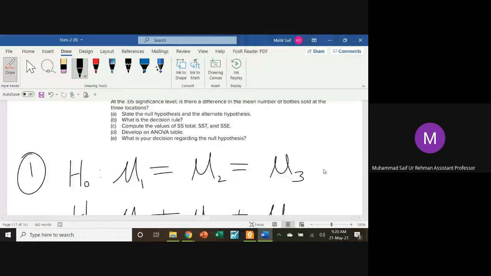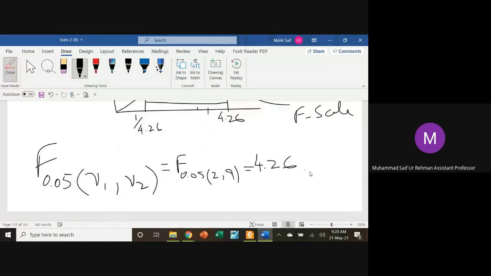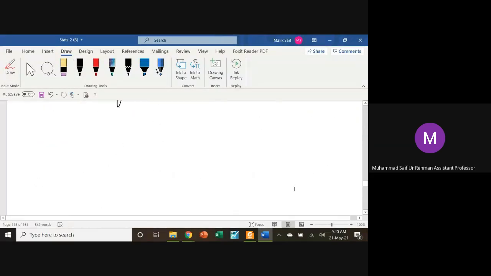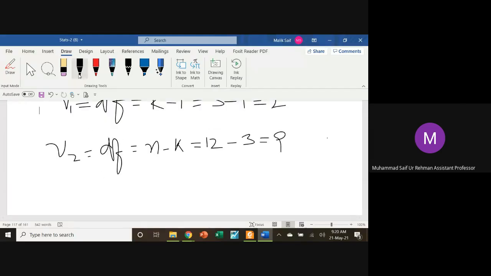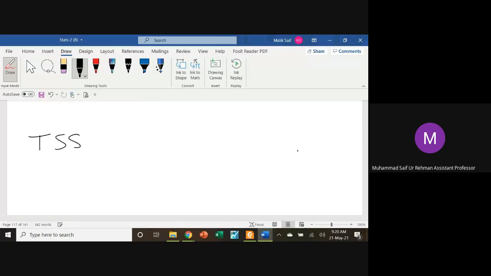Calculate the total sum of squares. We can write it down as TSS.